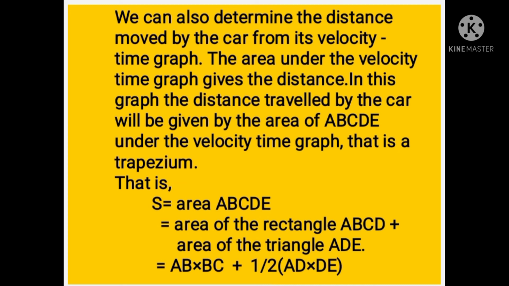If the car would have been moving with uniform velocity, the distance traveled by it would be represented by the area ABCD under the graph. This we already discussed.